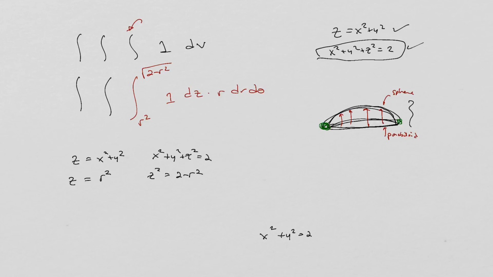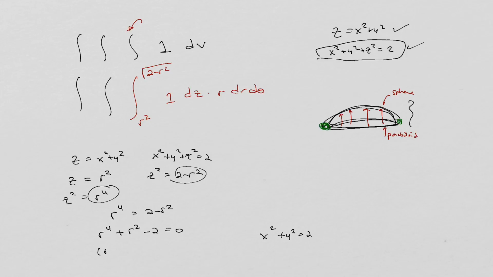So can we solve these two things simultaneously? Well, over to this first one, if I square both sides, I'd get z squared equals r to the 4th. So now r to the 4th equals this thing, and I can pull everything over to one side.